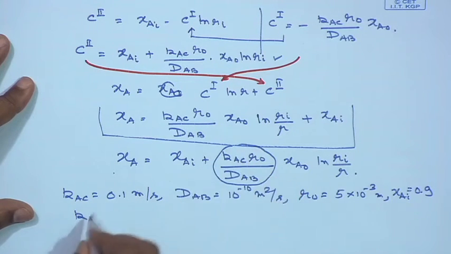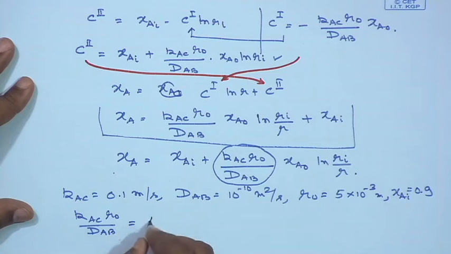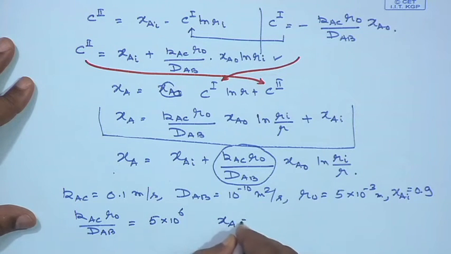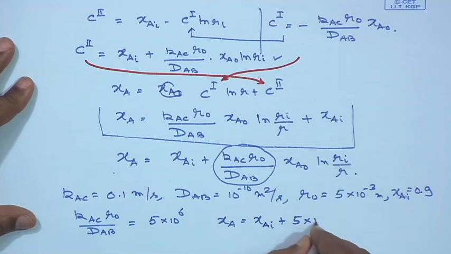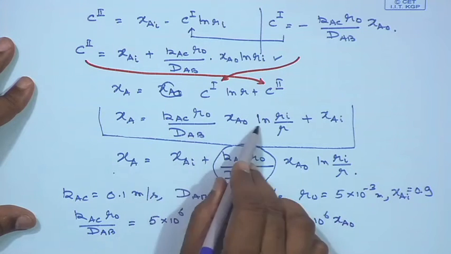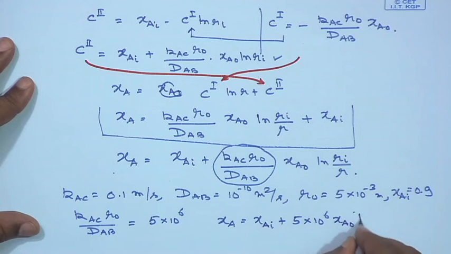When you plug in the numbers, Kac r naught by DAB will be equal to 5 into 10 to the power 6, which would give you xA to be equals xAI plus 5 into 10 to the power 6 xA0 times ln rI by r.